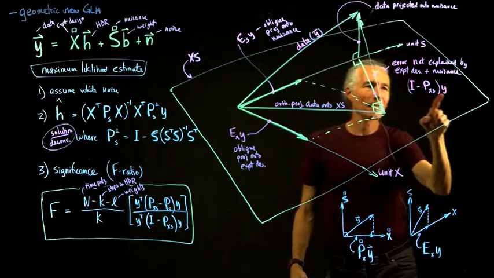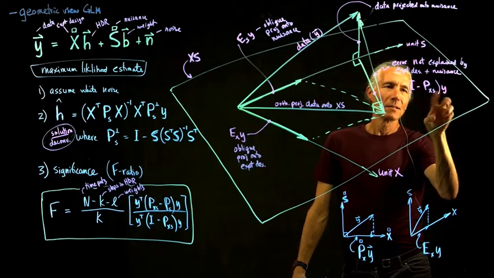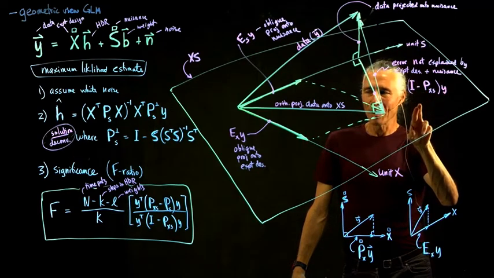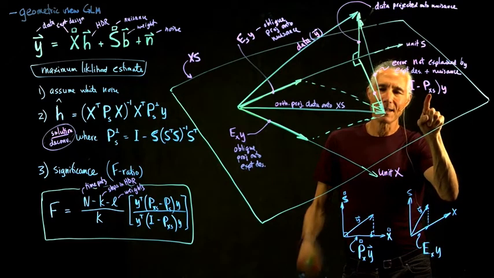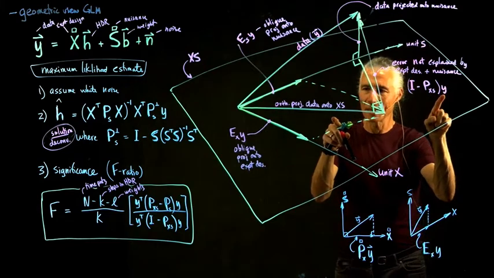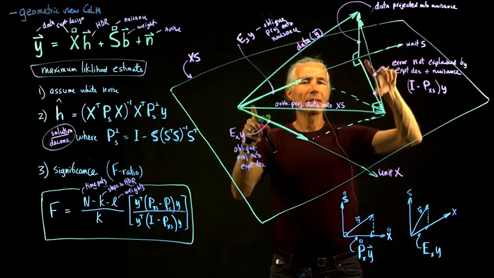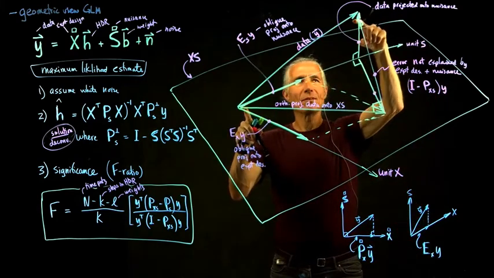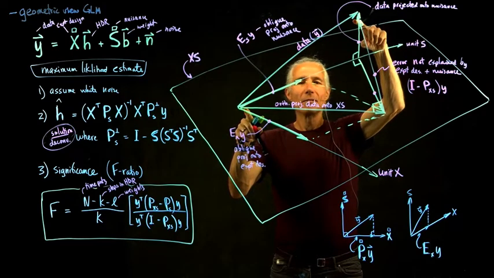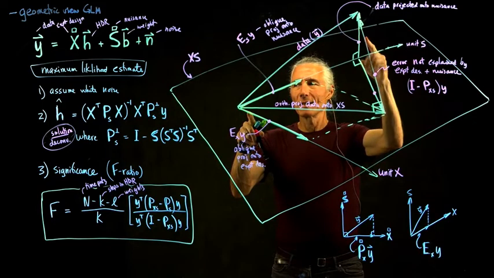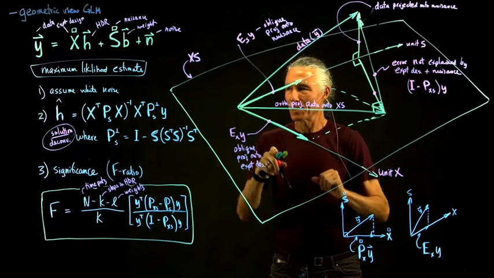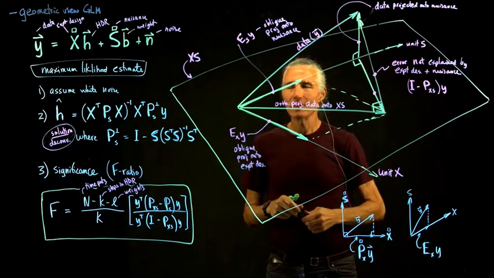Well, what this says is basically identity times y is y minus the projection down into this plane times y. What is that? That just means this vector minus this vector, which is the vector that is the difference between those two tips.